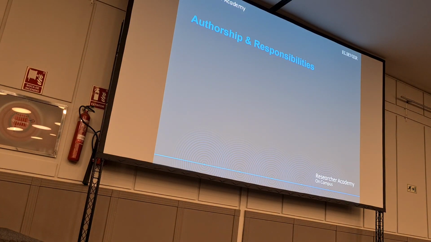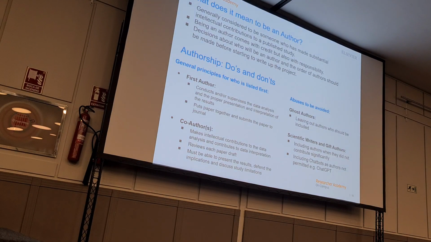Now, if we move on to authorship and responsibilities, what does it mean to be an author? An author is generally considered to be someone who has made a substantial intellectual contribution to a published study. And it obviously comes with a lot of responsibility, especially as the corresponding author. It's really important that when you submit your paper, you decide who will be an author, and you also need to decide on the order of the authors.